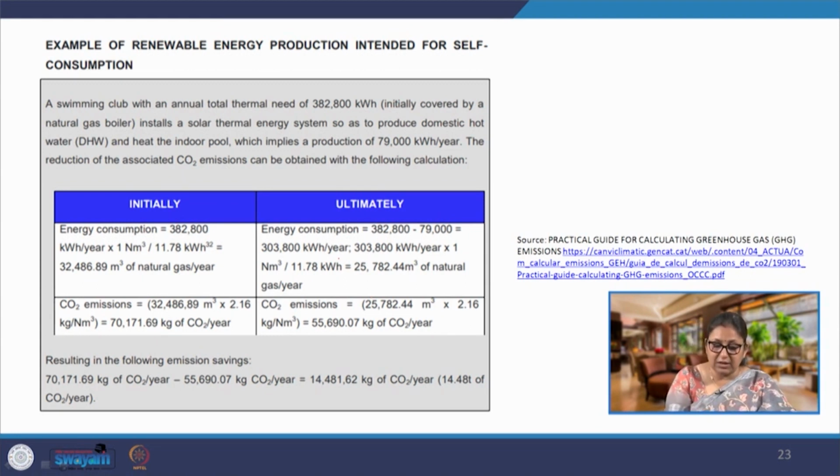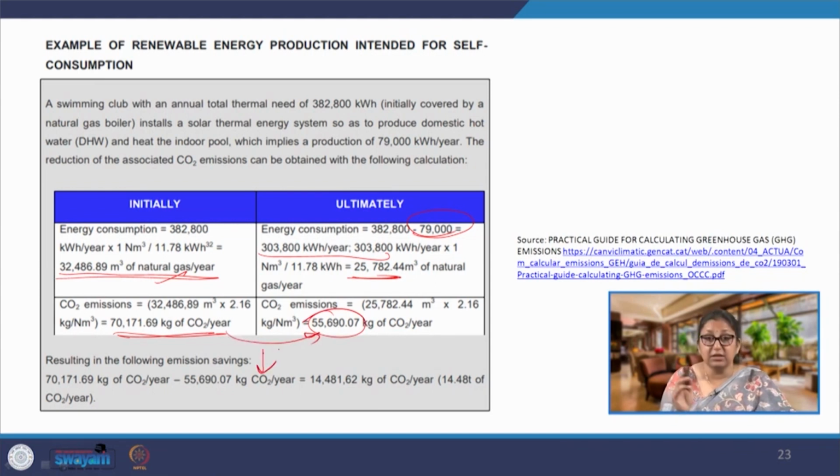So, we will calculate the original production of carbon dioxide, the consumption of natural gas per year, what is the reduction that has happened because of installation of the solar water heater, and what is the resulting carbon dioxide and hence the reduction.